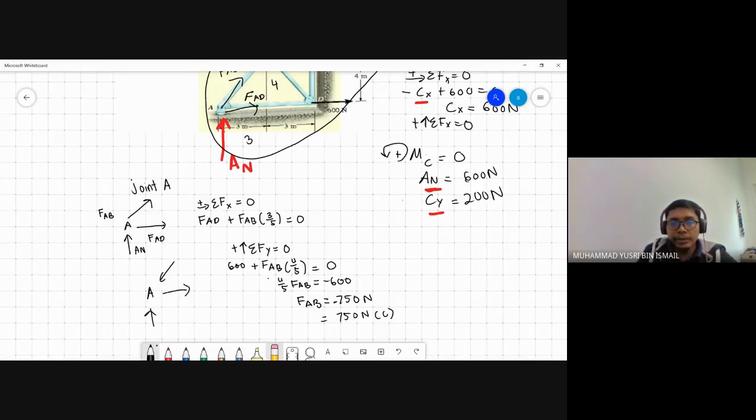So now you substitute FAB in the FAD. You cannot use this equation anymore. You write the new equation based on the new assumption, based on the calculation that you get. So this is FAB, this is FAD, then this is AN.